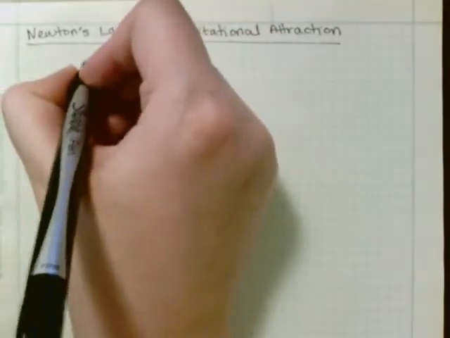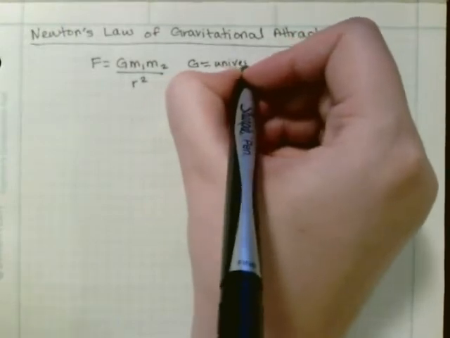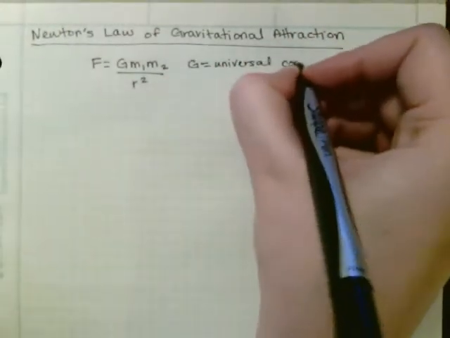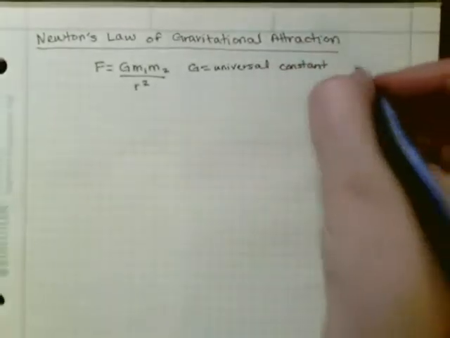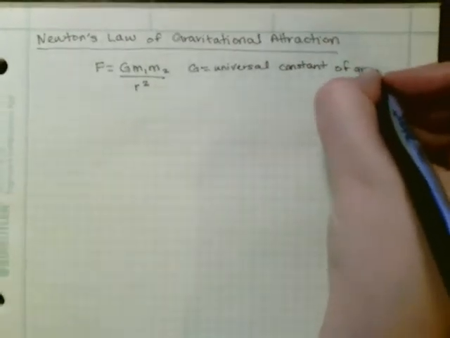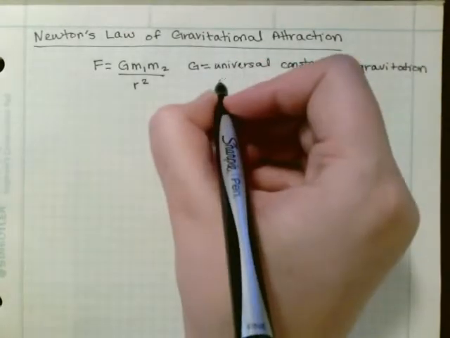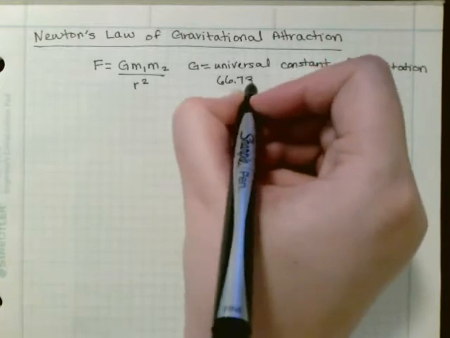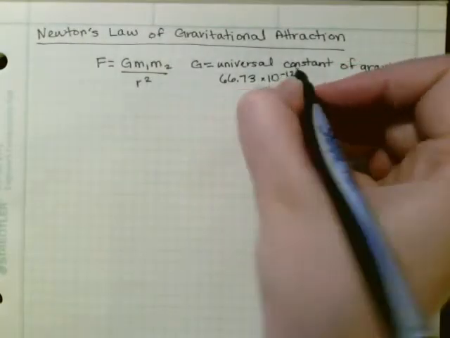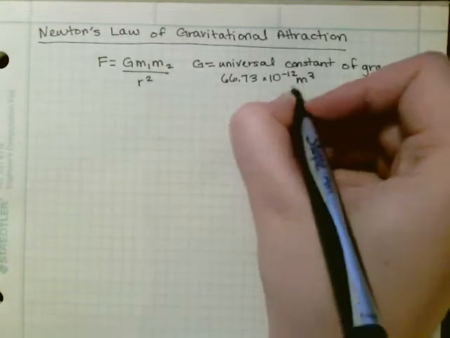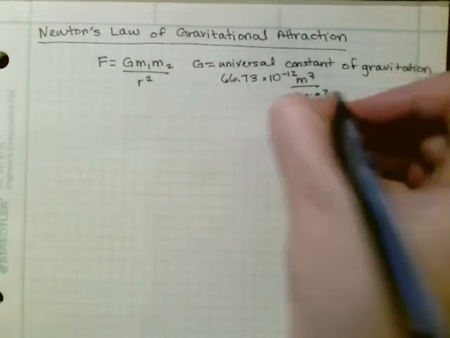Which is the force is equal to G m1 m2 divided by r squared, where G is equal to your universal constant of gravitation, and that number is 66.73 times 10 to the negative 12th meters cubed per kilogram times second squared.